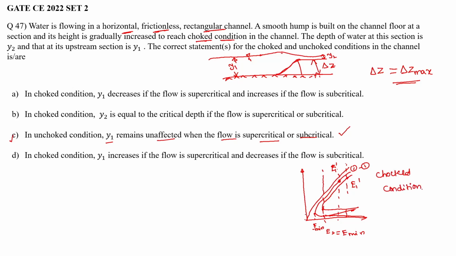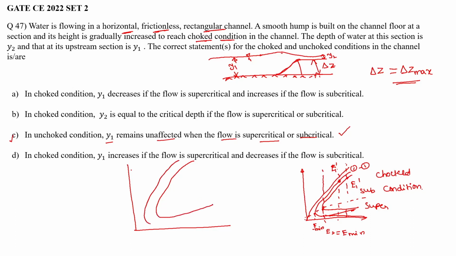Let's say these are two regions, super and sub. Let's read the first option. In choked condition, y1 decreases if the flow is supercritical. Please bear with my drawings. This is super, this is sub.